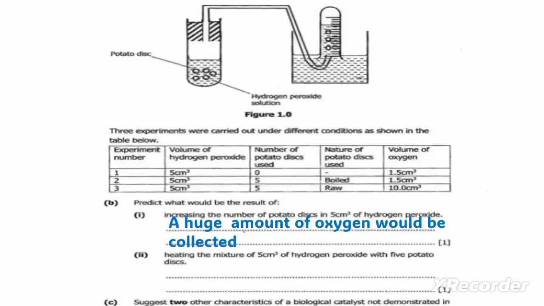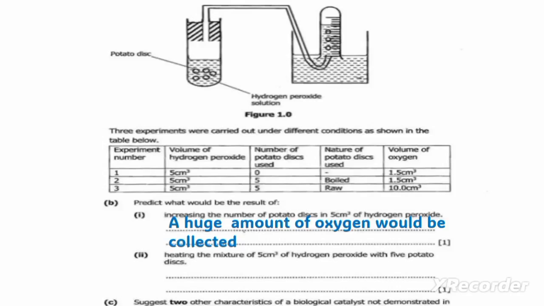So when the reaction is fast, because of the catalyst or the enzyme, this will lead to production of a huge amount of oxygen. So in this case, the product is oxygen. We move on to the next question, which is B, Roman numeral 2.